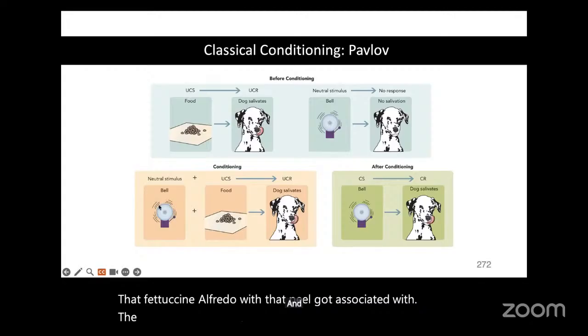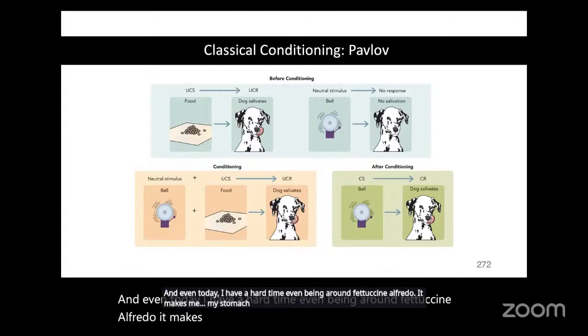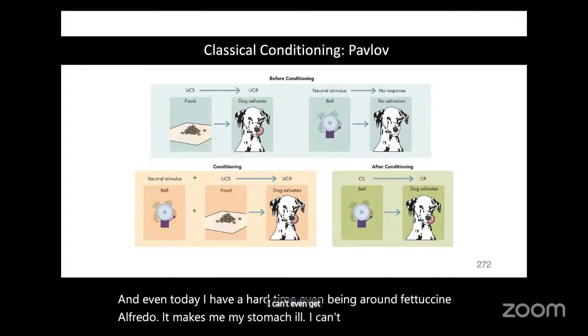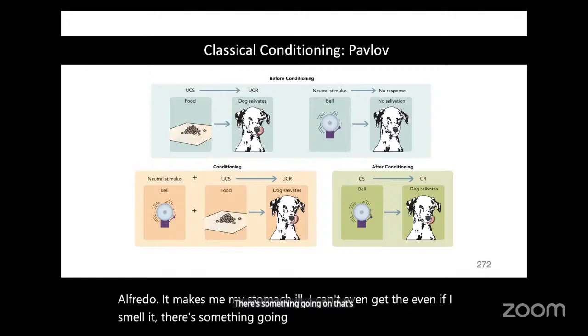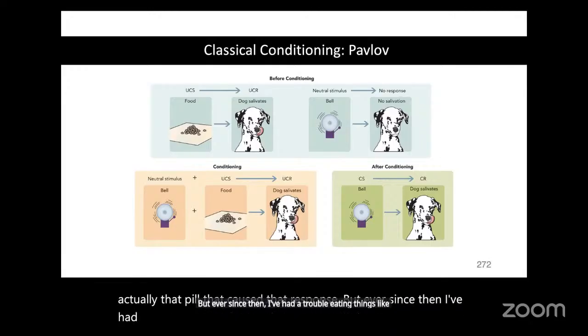And even today, I have a hard time even being around fettuccine Alfredo. It makes my stomach ill. Even if I smell it, something goes wrong. But it was actually that pill that caused that response. Ever since then, I've had trouble eating things like fettuccine.